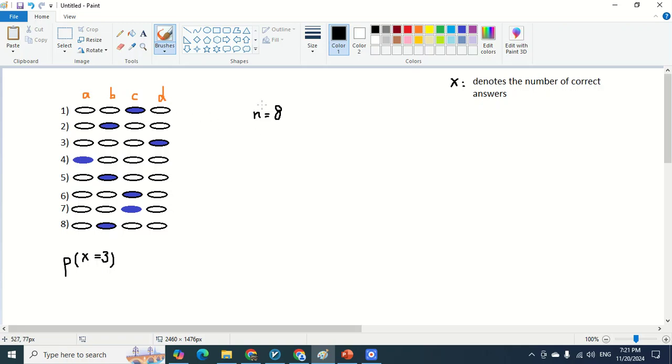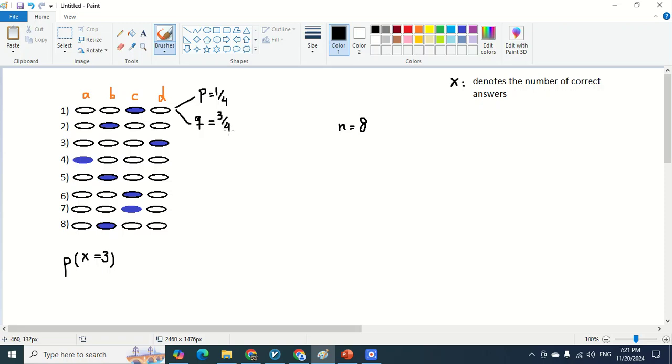Another thing is about each of these questions. For each question we have 2 possible outcomes. One is answering the question correctly, the other is answering the question wrong. The probability of answering correctly is 1/4 because one of the answers is correct, and the probability of answering wrong, or q, is equal to 3 over 4, and this number holds true for all cases.